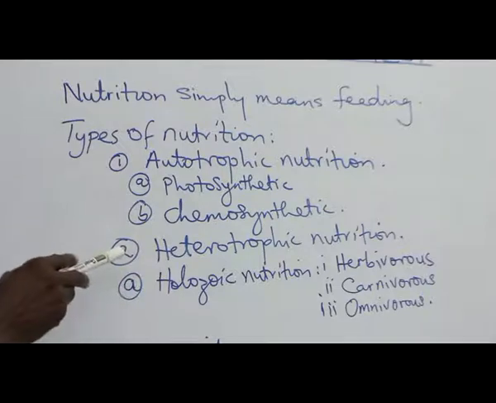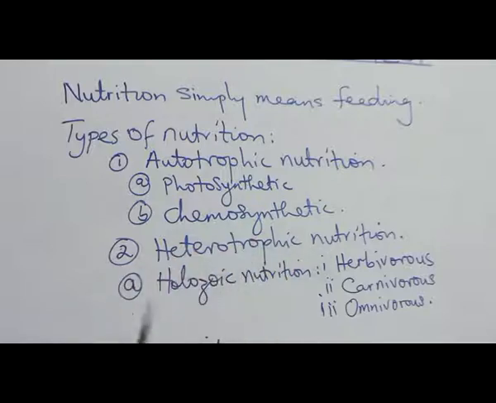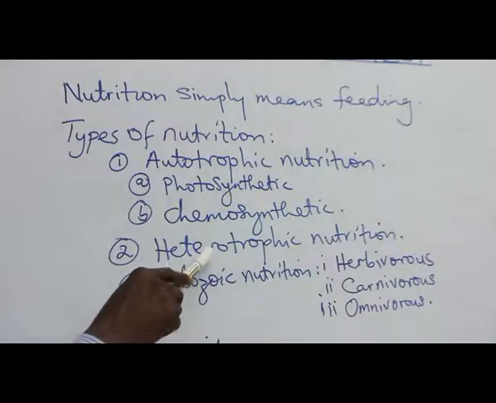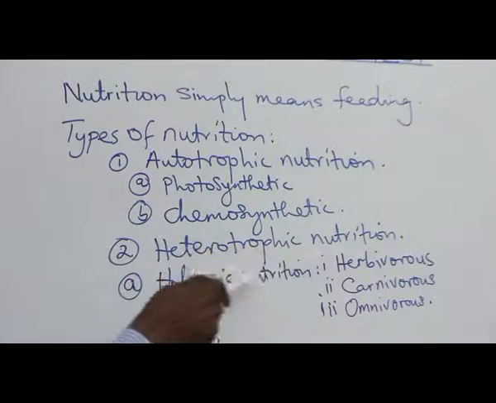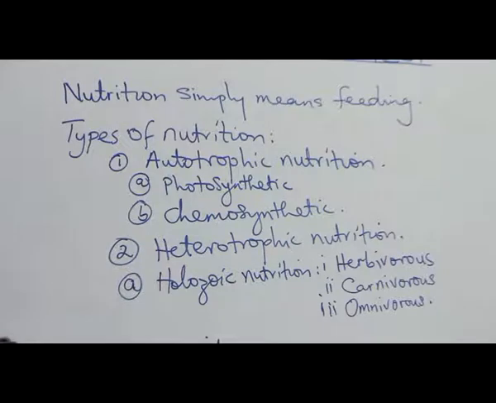Then the other type of feeding is heterotrophic nutrition. In heterotrophic nutrition, the organism is feeding on already made food. So it is the type of feeding where the organism cannot make the food, but feeds on already made food.